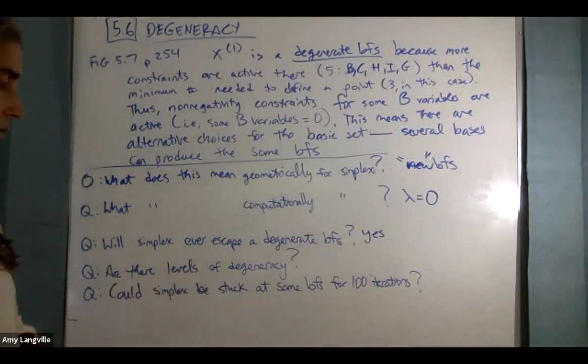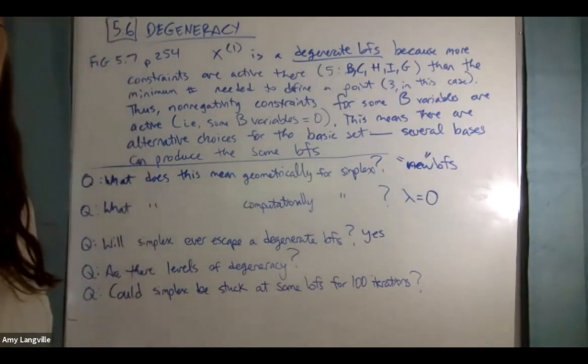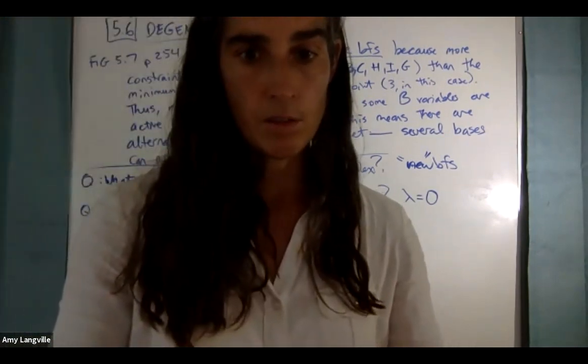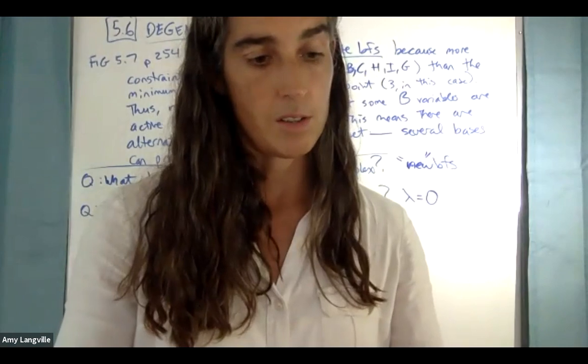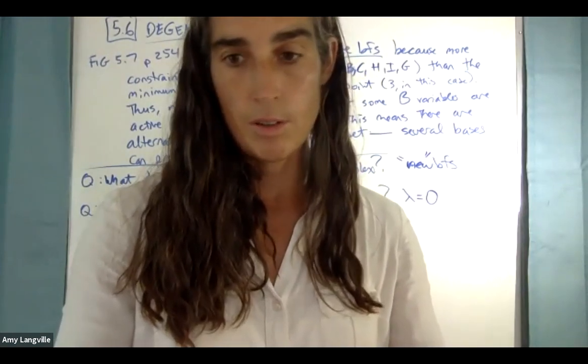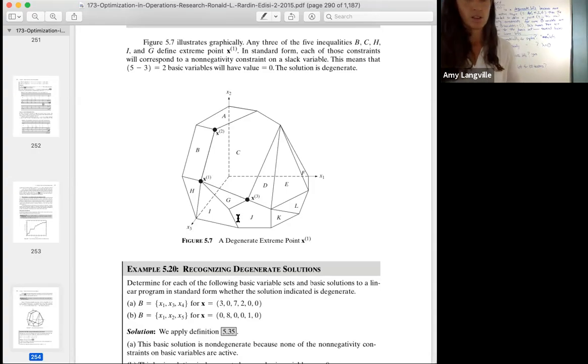Okay, are there different levels of degeneracy? Yes, there are. Let's go back to that figure and look at a couple. Let's go ahead, share the screen, go back. This was page 254. Okay, so on page 254, the same figure.